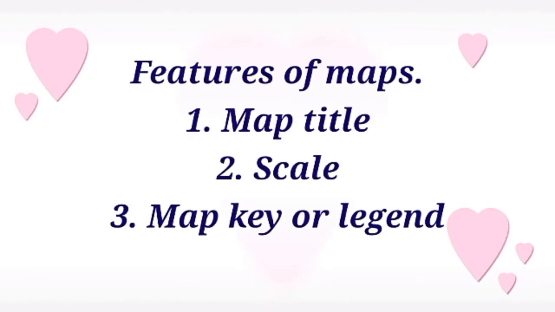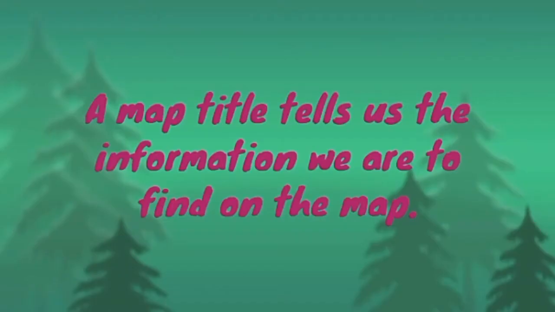Now, the features of maps are map title, scale, map key or legend. Now, we're going to talk about these features one after the other. I want you to listen carefully and pay rapt attention. Okay? A map title tells us the information we are to find on the map.